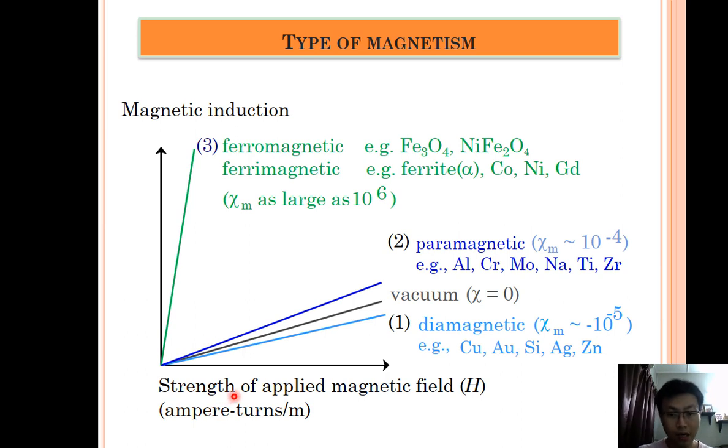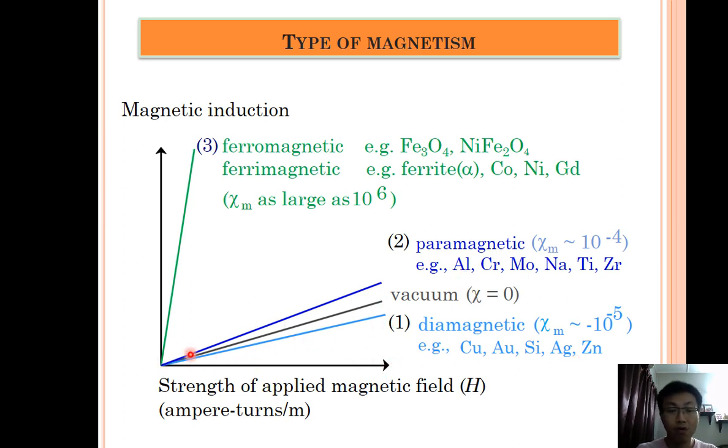Magnetic induction. So just now we have basically three types. This graph is the B-H curve, magnetic induction versus the strength of the applied magnetic field, in ampere turns per meter. No worry about the unit, we'll summarize later on. By comparison, the diamagnetic materials, such as copper, silicon, zinc, have a very low B-H value.